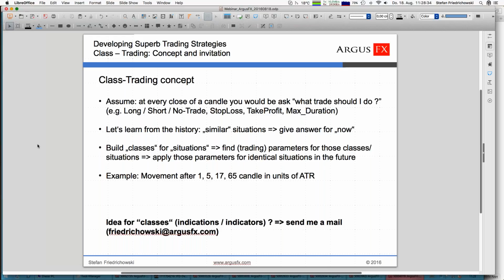The same question is true here as well, because then I go down maybe to M5, M1, and I can always ask myself the question, should I enter now a long trade, a short trade, or no trade?